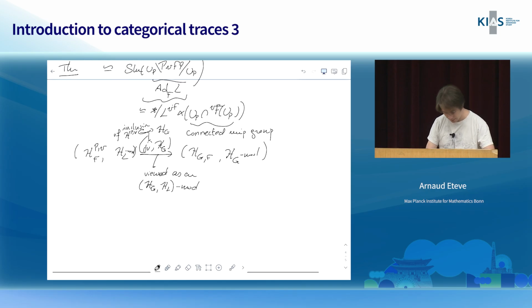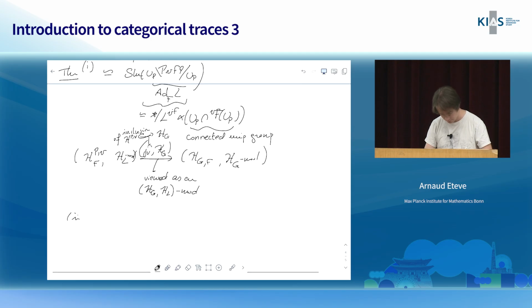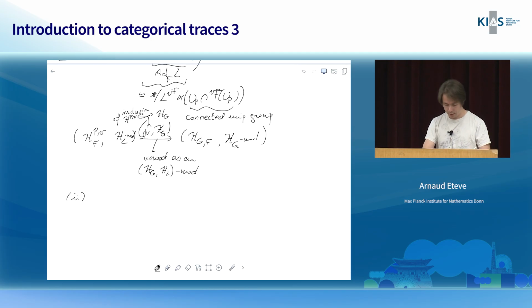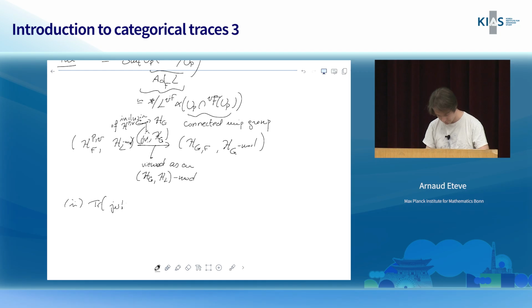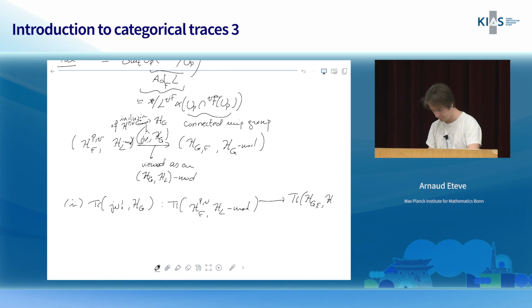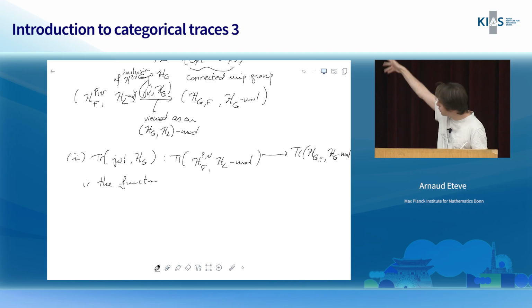Okay, and so the second part of the theorem is that the induced trace of this morphism, as a map of traces between these two things, is the functor given by usual parabolic Deligne-Lusztig induction, and you can write it geometrically as follows.